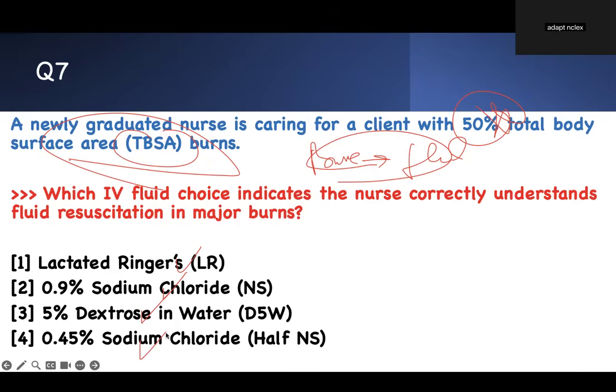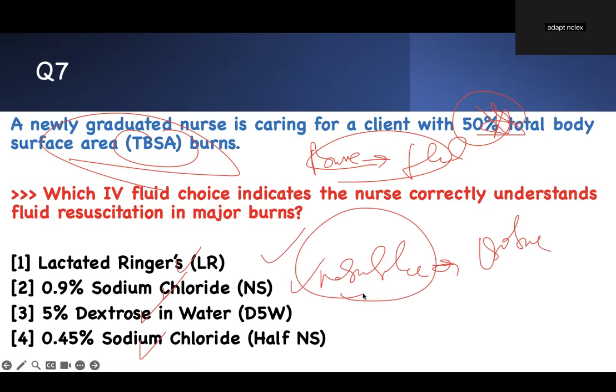The key is resuscitation. So you need resuscitative fluid because they burned themselves. They need a bunch of fluid. So you give them isotonic fluid. Which one is isotonic? Number 1 and number 2. But which isotonic is the best? Because you're going to give them a large amount of fluid and you need a bunch of electrolyte. Which one has a lot of electrolyte?